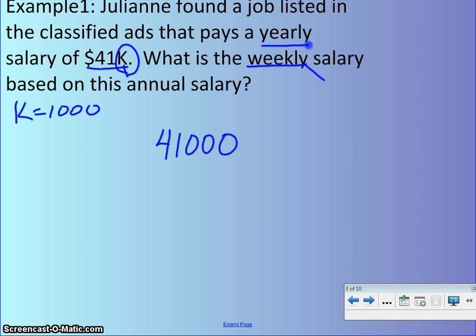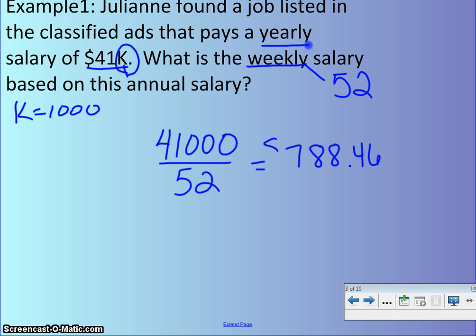In order to break down a year to a week, we have to know how many weeks are in a year, and there are 52 weeks in a year. So we're going to divide 52 into the 41,000, and we end up with $788.46 as Julianne's weekly salary.